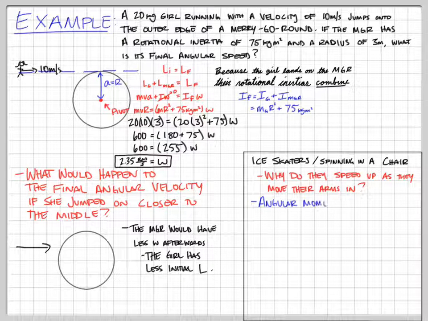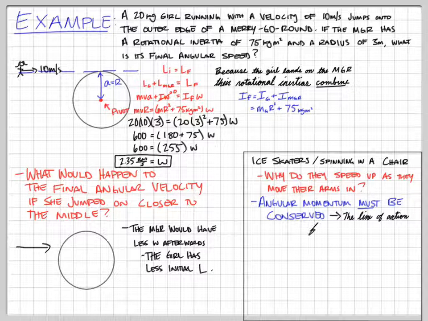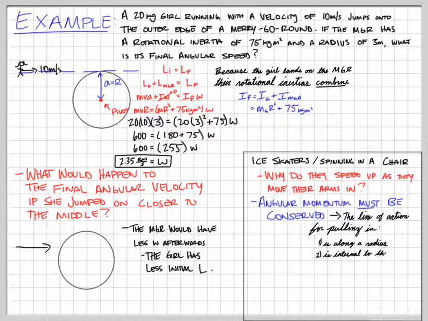The angular momentum of each of these things has got to be conserved. And there are two reasons for it. One, the line of action for that force pulling in is along the radius and is an internal force.